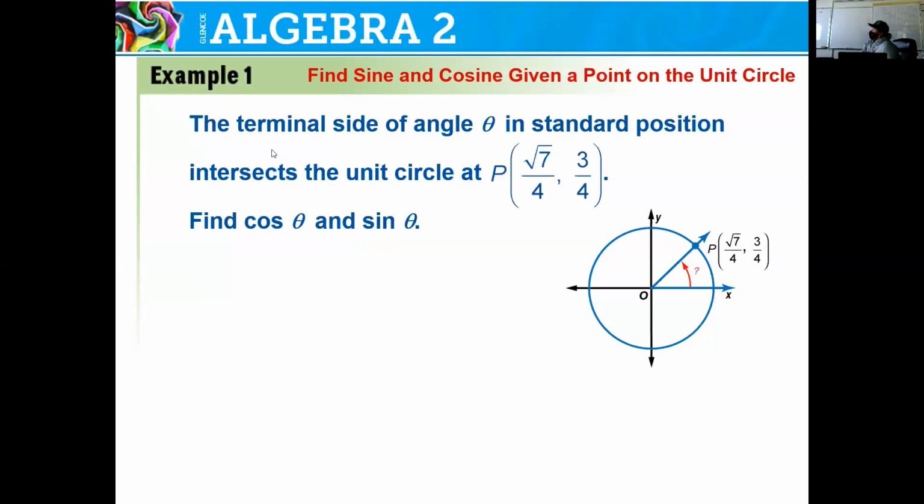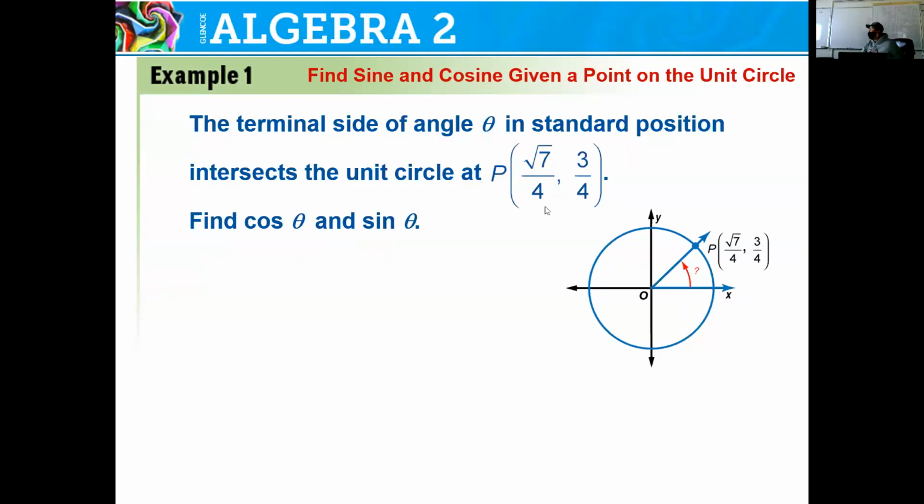So it says the terminal side of angle theta in standard position intersects the unit circle. That's a key point because it says that our radius is 1. It has to be. If the radius is 1, cosine is the value of x over 1, sine is the value of y over 1.